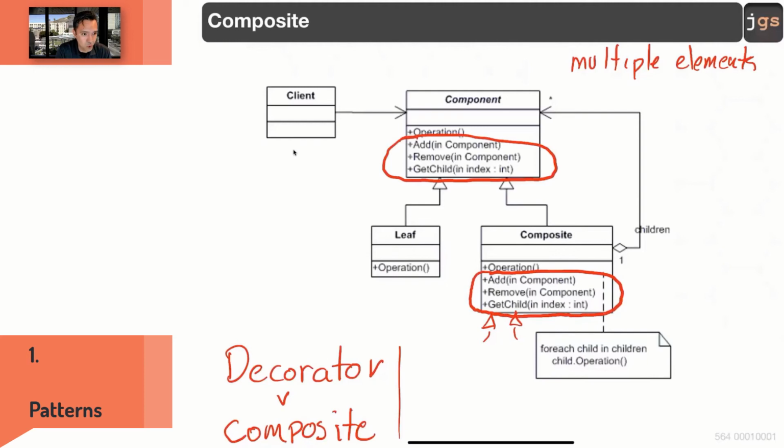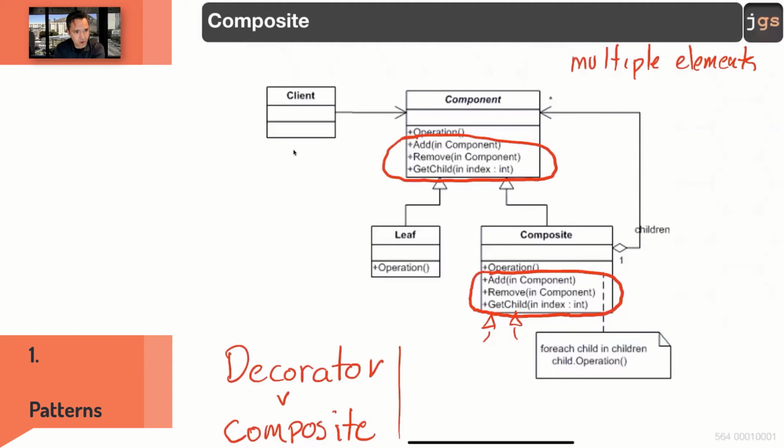Add, remove, get. I am sure that you remember those from the observer, when we use a data structure and we want to add elements to the data structure, remove elements from the data structure, or do a traversal of the data structure. These three methods suddenly are there.